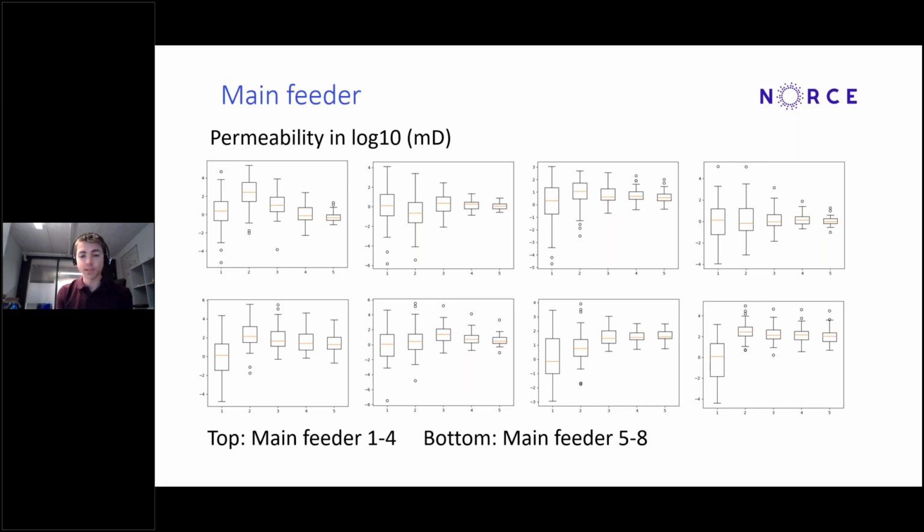So we can see here that starting out with a large spread, all from -4 to 4 for the first feeders, meaning we have the permeability of a shale layer to a full permeability of the sand layer. For most of the layers, the ensemble method is able to narrow down the parameter spread to values around 1 milli-Darcy approximately.